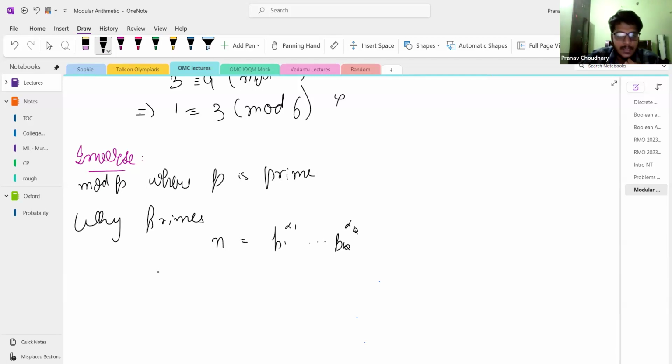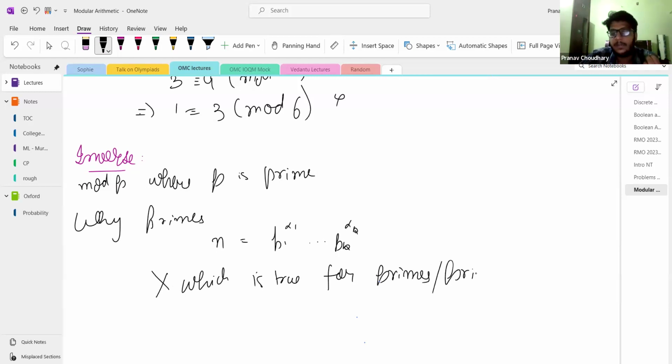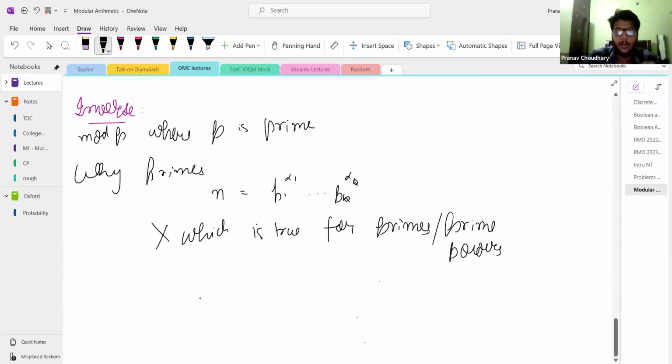So if I find some statement X which is true for primes or prime powers. By the way, X is not a variable; X means a statement, like A greater than B. It's just a logical statement.